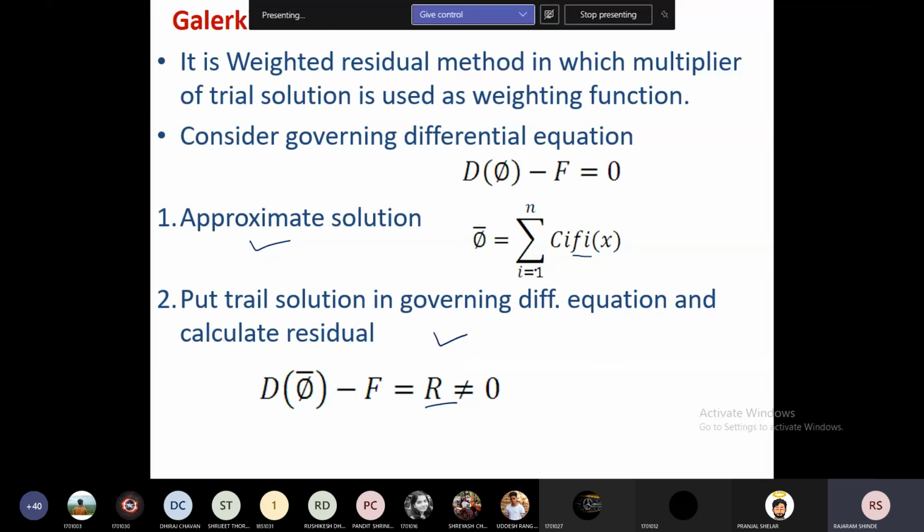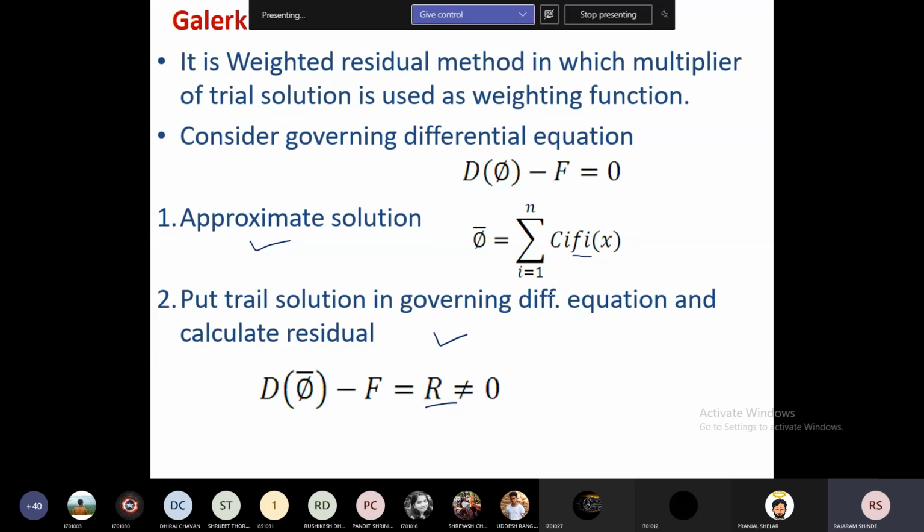Put the trial solution in the governing differential equation. By putting the trial solution in the governing differential equation, calculate the residual. Then select the weighting function. Next, take the product of the weighting function and residual, and integrate the product over the domain. Equate that integration with 0. That will give the solution to the problem.